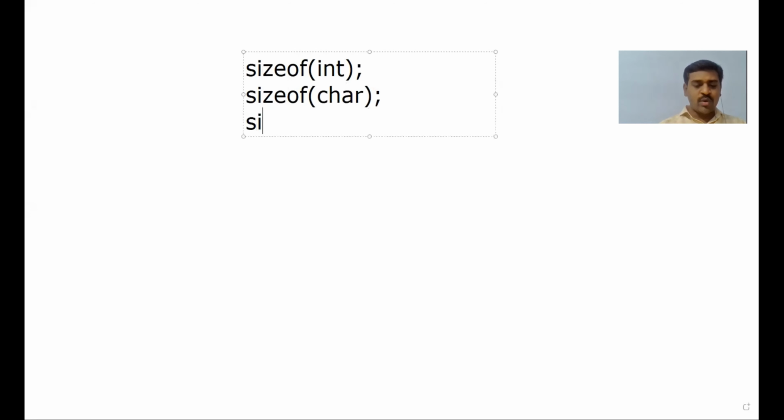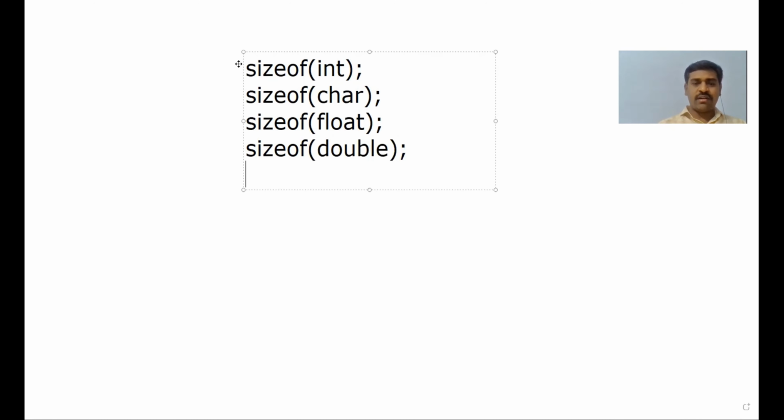If I want to find the size of floating point, I specify sizeof(float). For double, sizeof(double). For the long data type, what do I specify? Long. So like this, the first way is sizeof(data type).